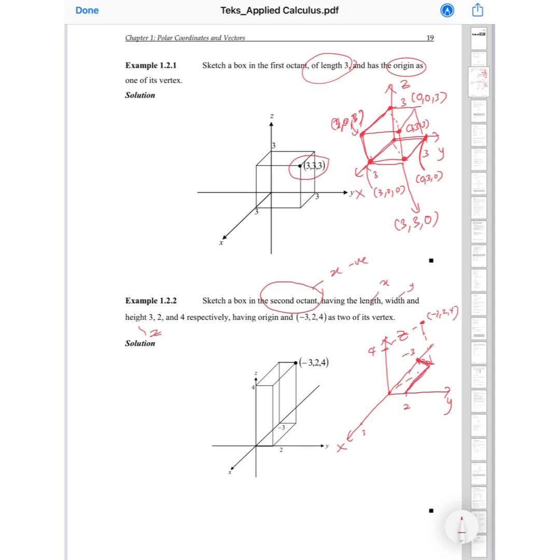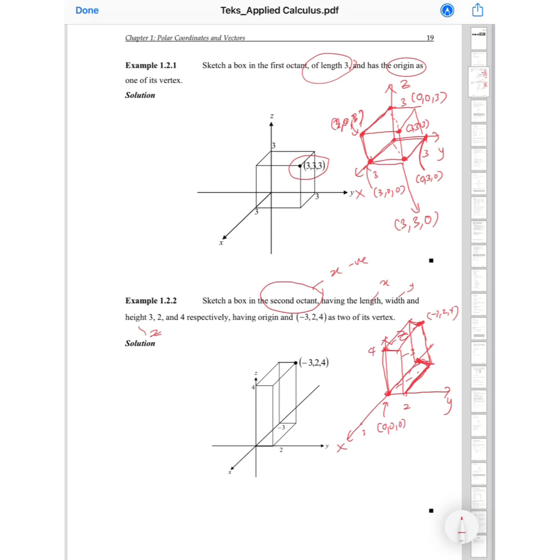So I can already plot a line here, and then this one as well, this one as well, this one as well. So you have a box like that. So I already know this is (-3, 2, 4). This one is the origin, so it will be 0, 0, 0.